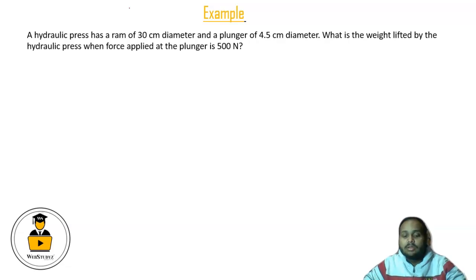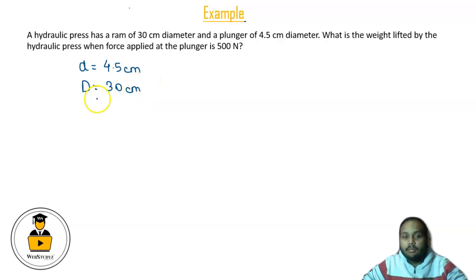Fine. So the diameter of the plunger, let's take it as small d, is 4.5 centimeter. Also the diameter of the ram, take this as capital D, is 30 centimeter.